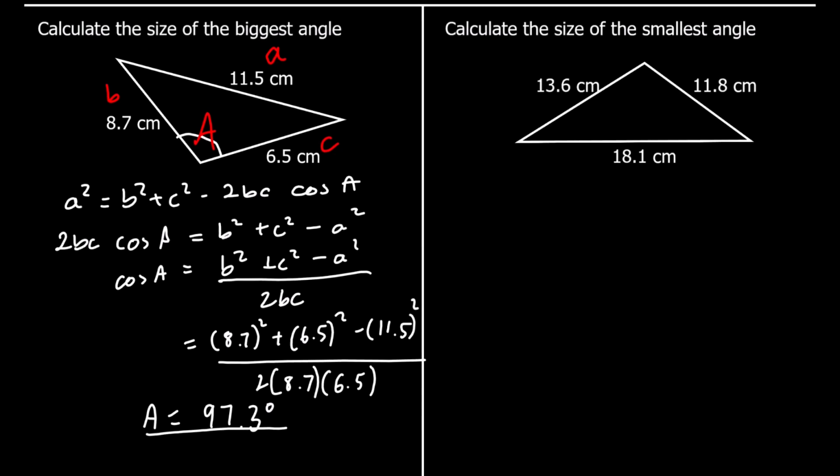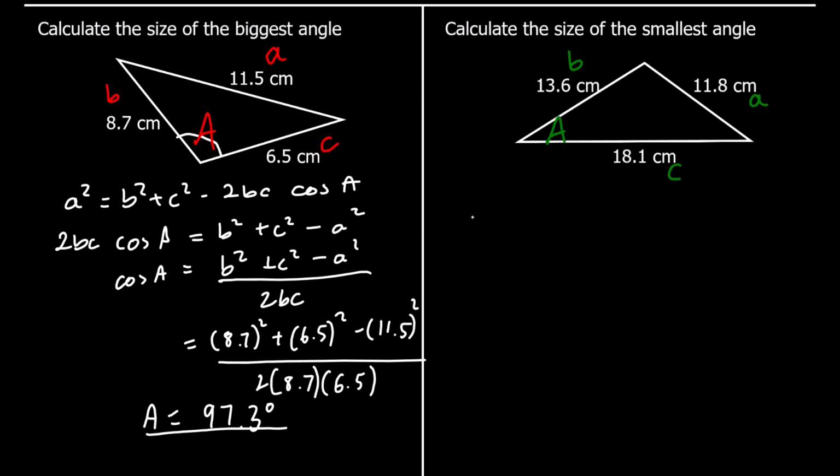One for you to try. Give it a go. So this time the question says calculate the size of the smallest angle. The smallest angle is opposite the smallest side. So we've got big A, little a, and the other two are b and c.